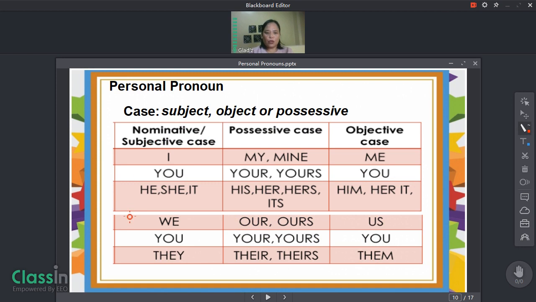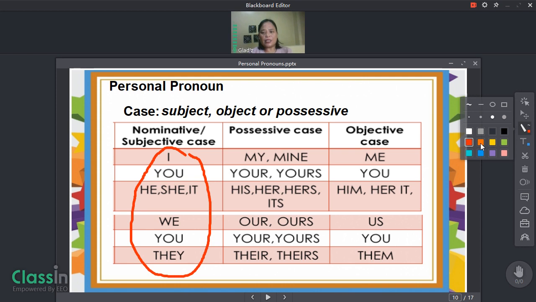In this column, the pronouns listed are used as a subject of the sentence. These are the only pronouns that we can use as a subject: I, you, he, she, it, we, you, and they.